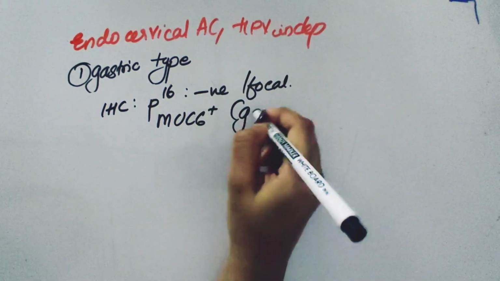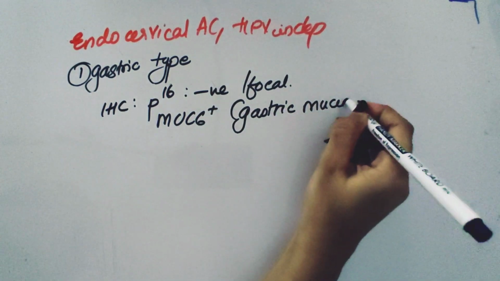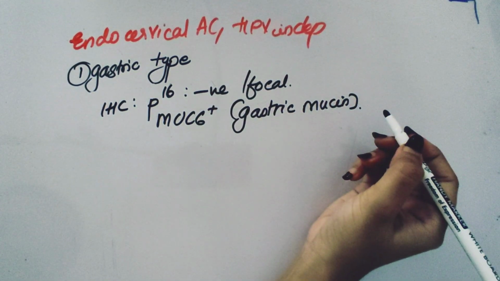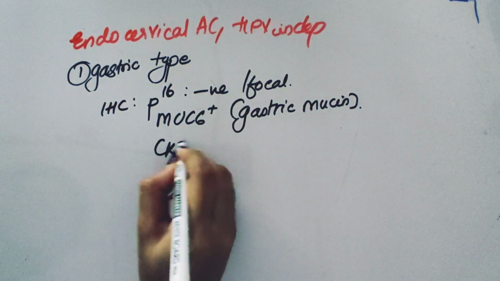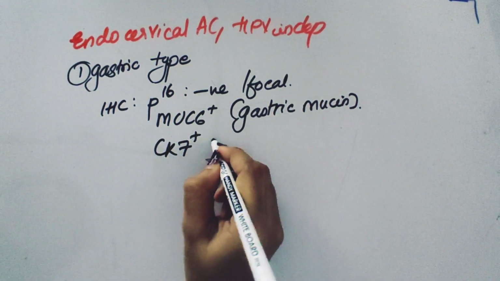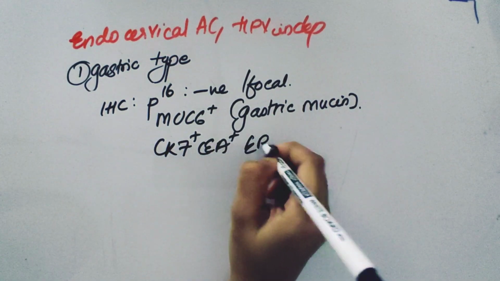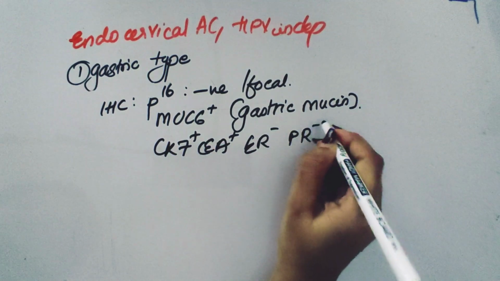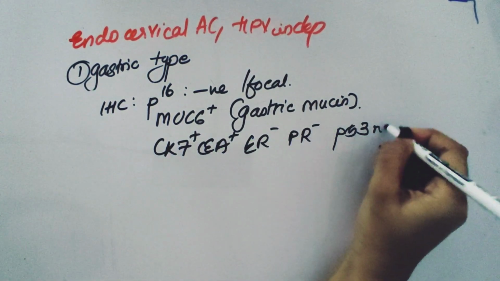Okay, this is a gastric mucin immunophenotype. And differentiating it from endometrial carcinoma, it has CK7 and CEA positive, ER and PR negative, and P53 is also null.